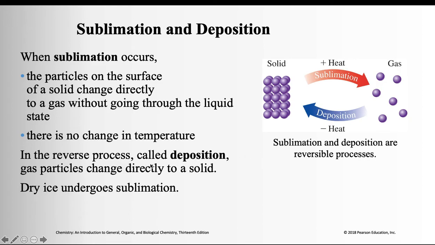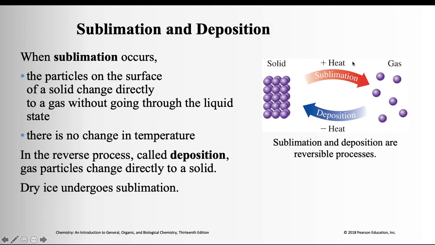At room temperature and atmospheric pressure, the solid dry ice does not have enough pressure to convert to liquid first and then to gas. So it goes directly from solid to gas, and that's what we see when we see dry ice.